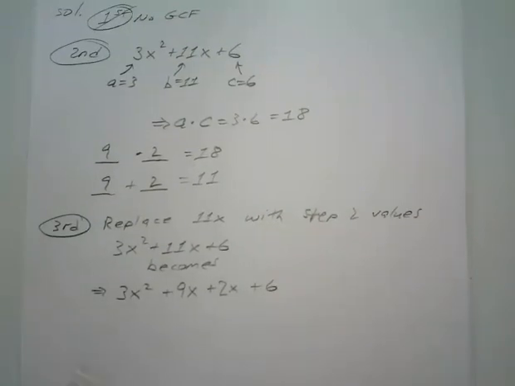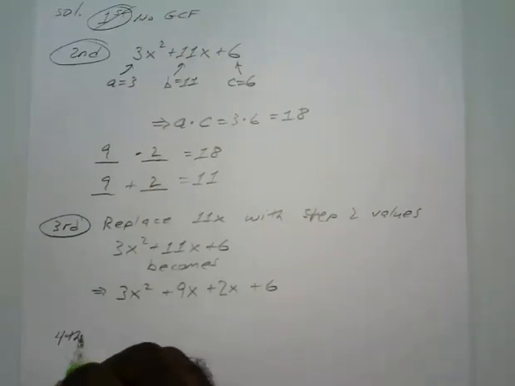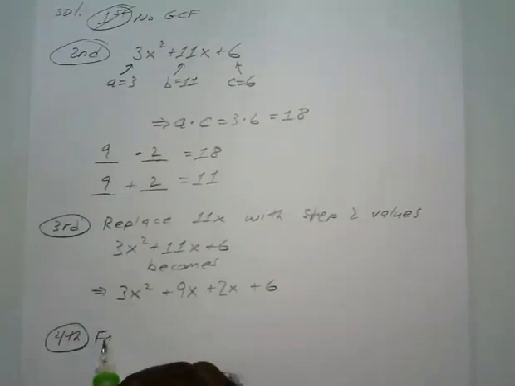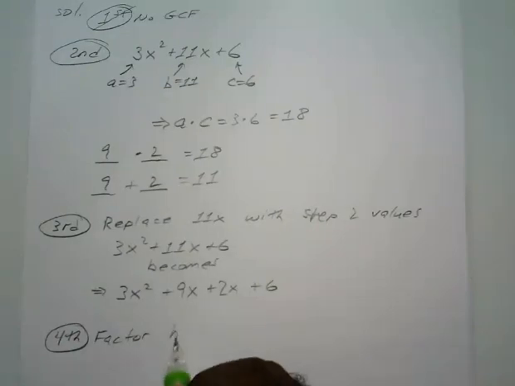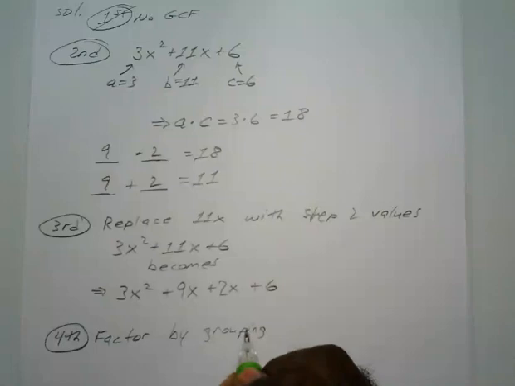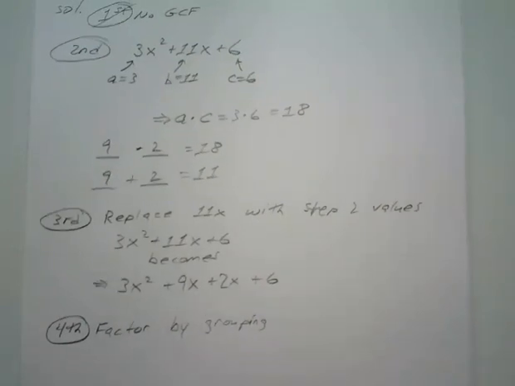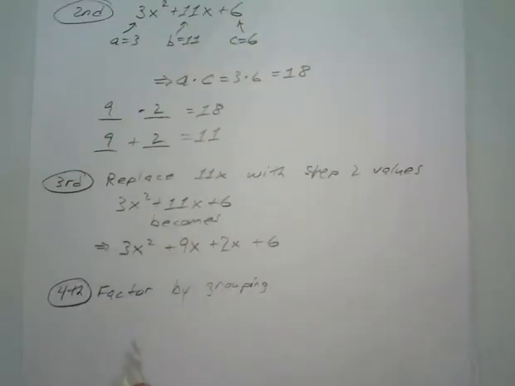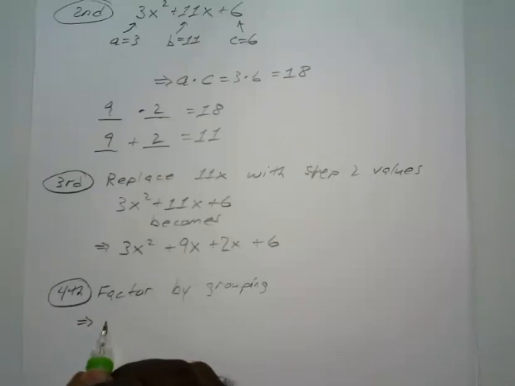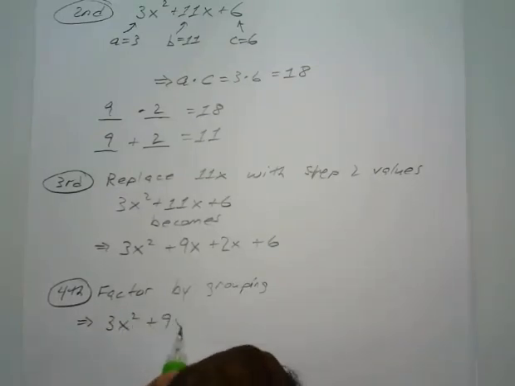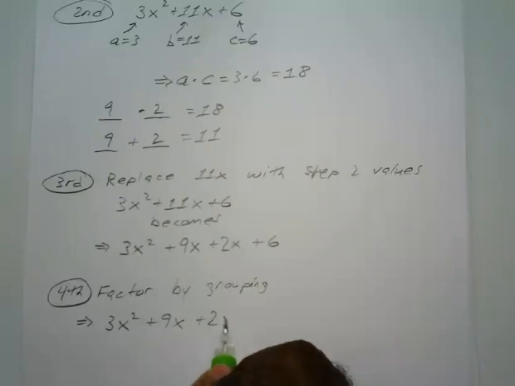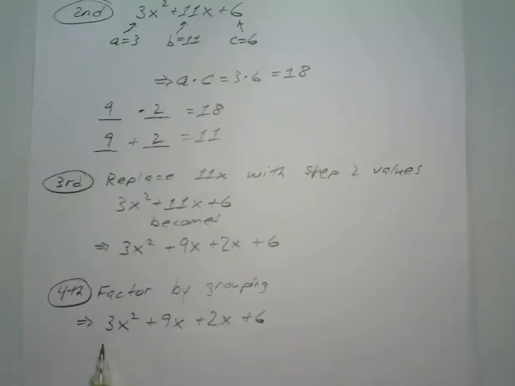Okay, so then we do our fourth step, which is factor by grouping. So I'm just going to write the 3x squared plus 9x plus 2x plus 6.